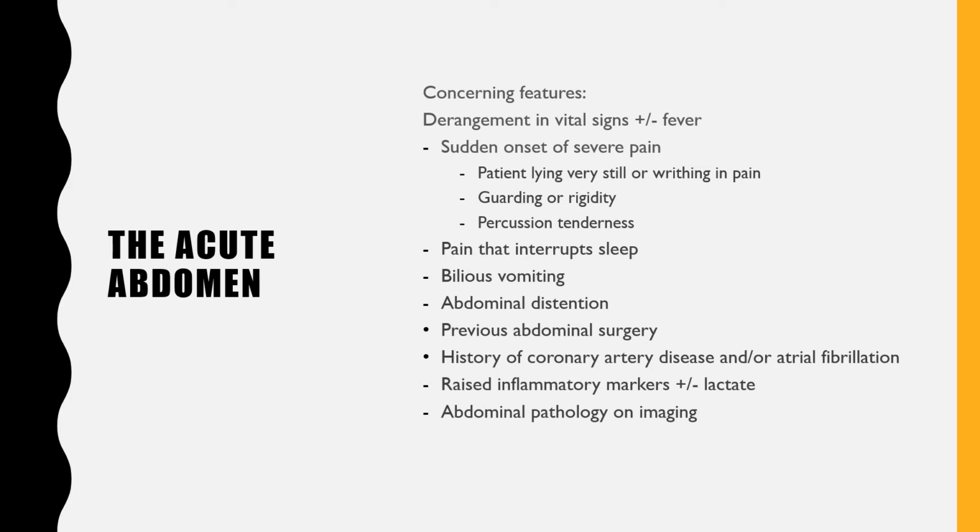The fact that the pain is sudden and severe, and then some of your findings on abdominal examination will make you more concerned. So them lying very still or writhing in pain that's not controlled with analgesia, especially opioid analgesia, guarding or rigidity on your abdominal examination, and percussion or rebound tenderness. Pain that is waking people up at night.